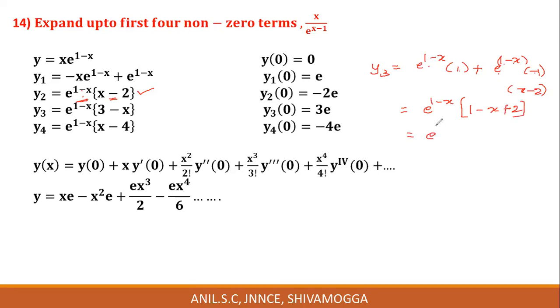This is equal to e power 1 minus x into 1 plus 2, that is 3 minus x. Put x is equal to 0. These derivatives are required at x is equal to 0. When x is equal to 0, this will be e power 1 minus 0, that is 1, into 3 minus 0, which is 3.